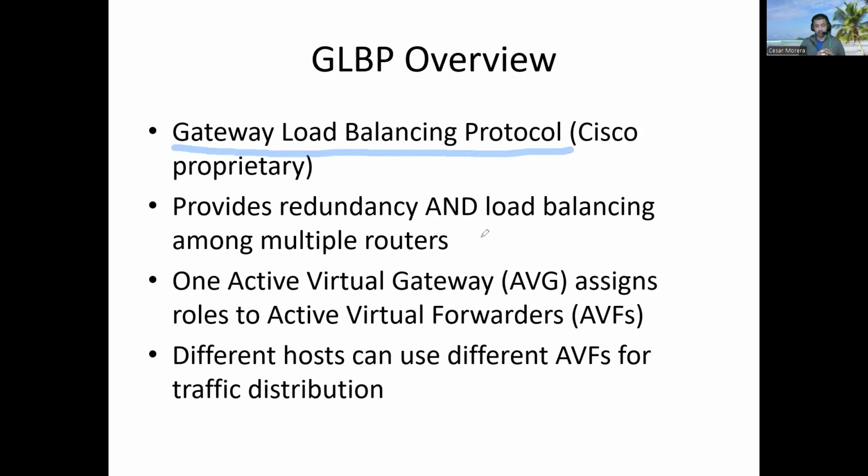One active virtual gateway, the AVG, assigns roles to active virtual forwarders, that is, AVFs. Different hosts can use different AVFs for traffic distribution. And those are basically some of the specific characteristics of GLBP. Let's move on.